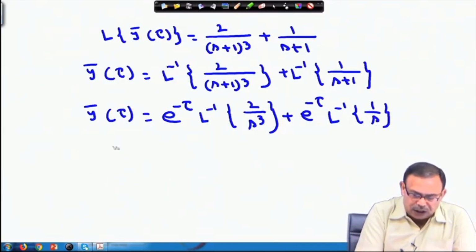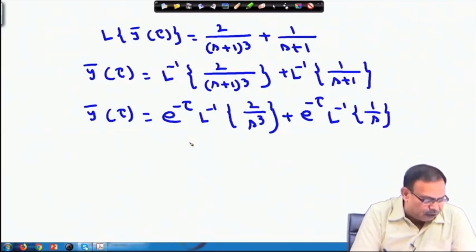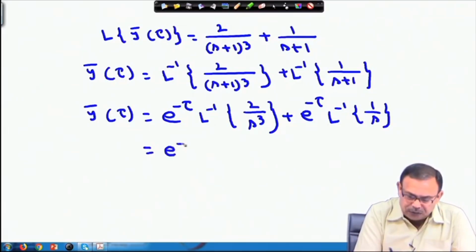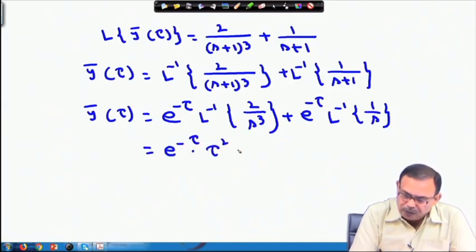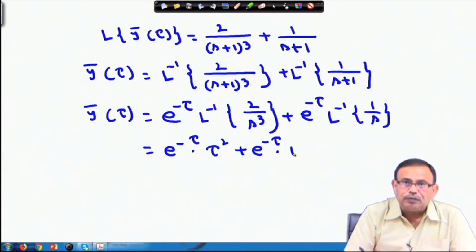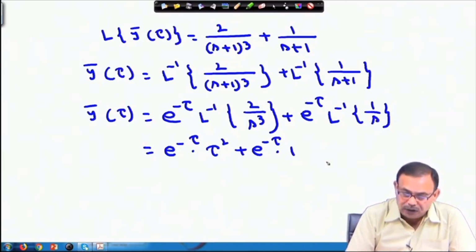So the values are e power minus tau into tau square, which comes from 2 by s cube, plus e power minus tau into 1, since the Laplace transform of 1 is 1 by s.